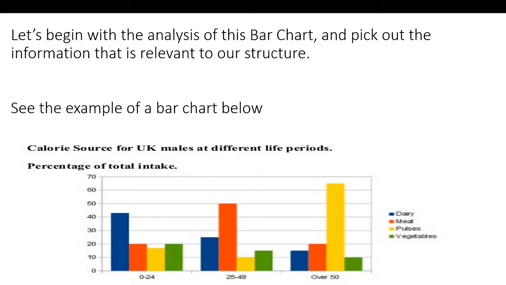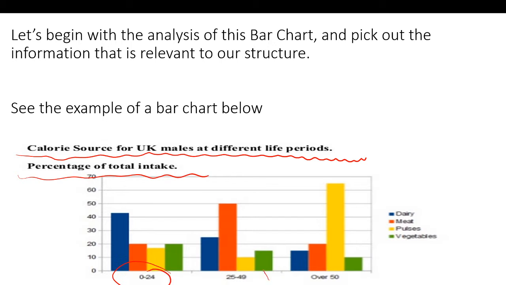First of all, calorie source for UK males at different life periods. This is a percentage of total intake. We have three periods you can talk about: the first period is 0 to 24, the second is 25 to 49, and the third is over 50.